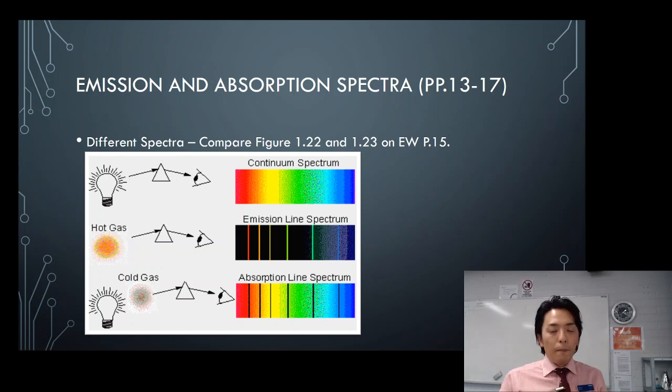So emission and absorption are the same thing in terms of, well, from an element perspective.